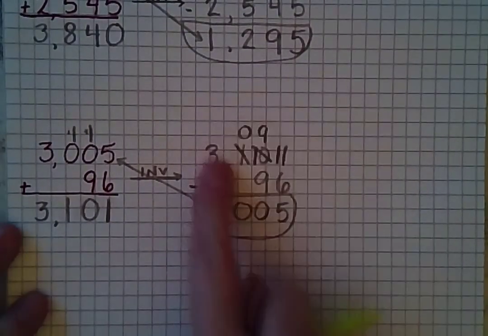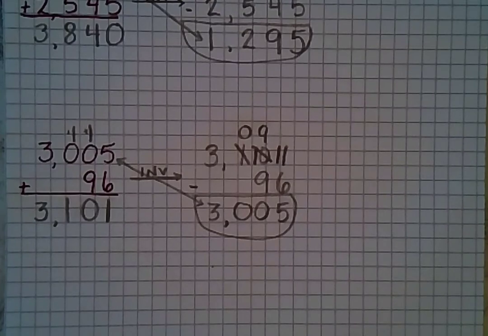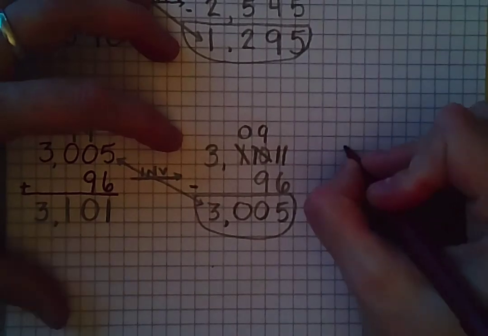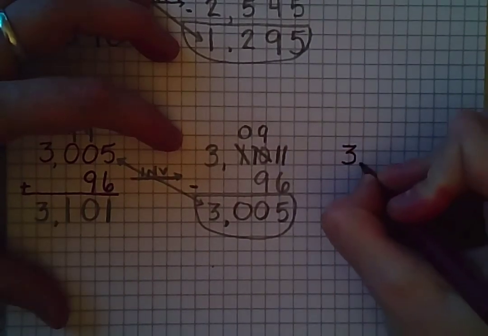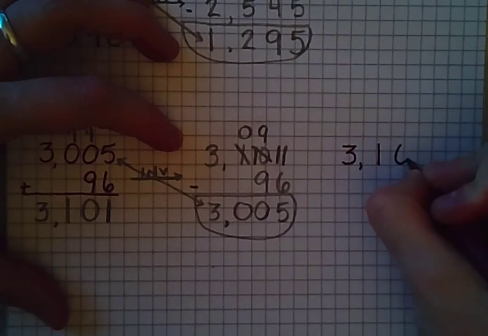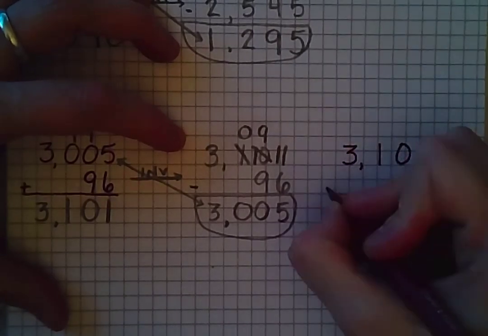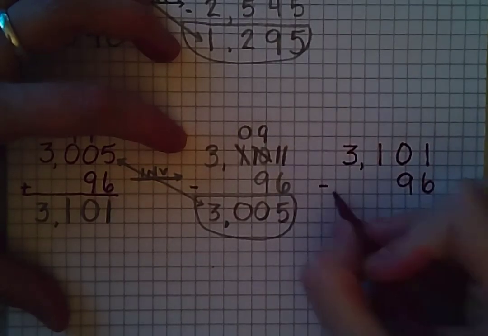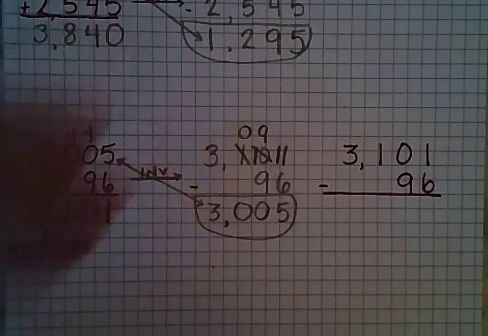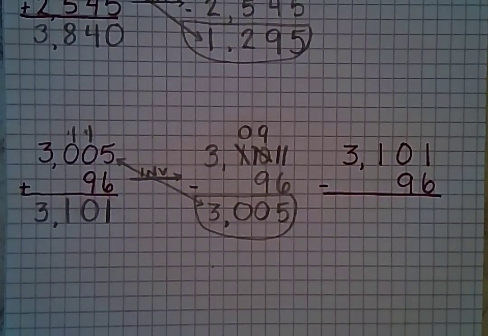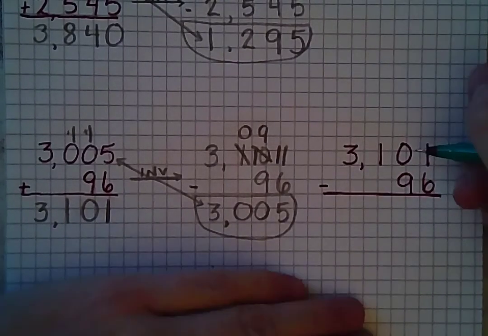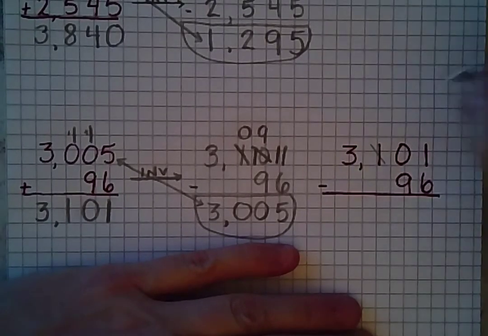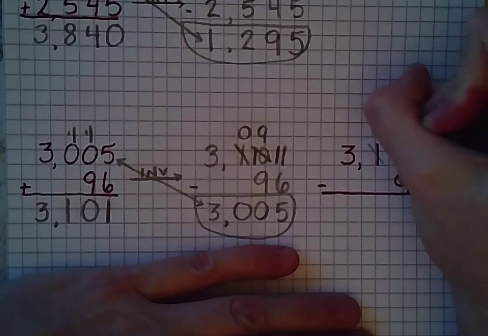Now let's talk about what I did right here in our subtraction problem with the borrowing or the regrouping. So I had 3,101, and I subtracted 96 from it. So let me show you, just to help make sure it's very clear. So first, I can't borrow from 0, so I have to come over here. Cross that out. And so that is now itself a 0 because I don't have any more.